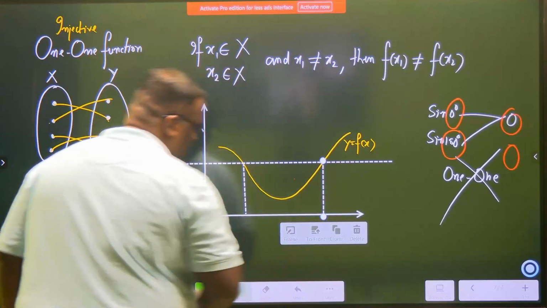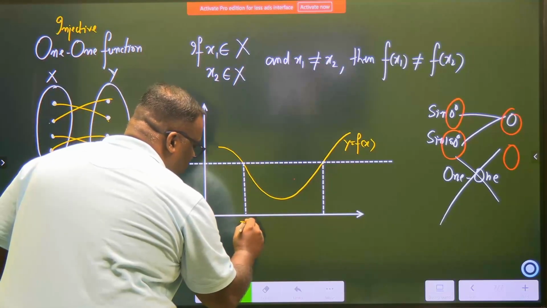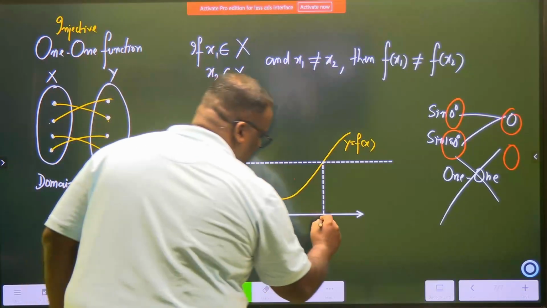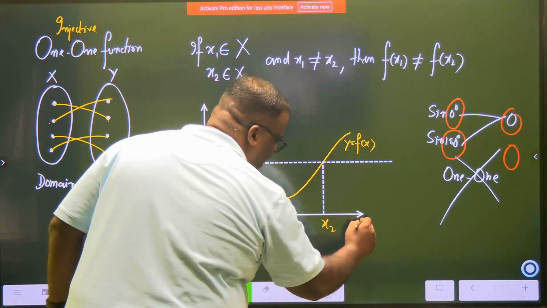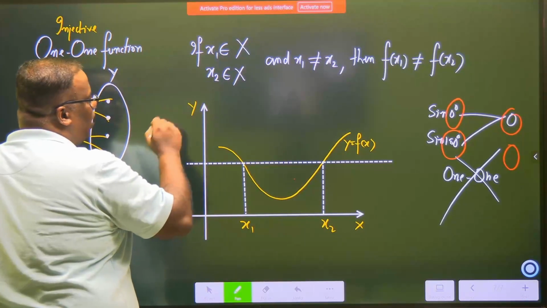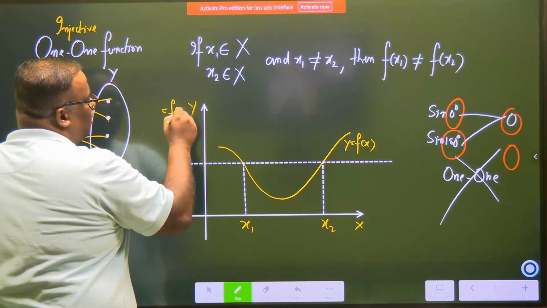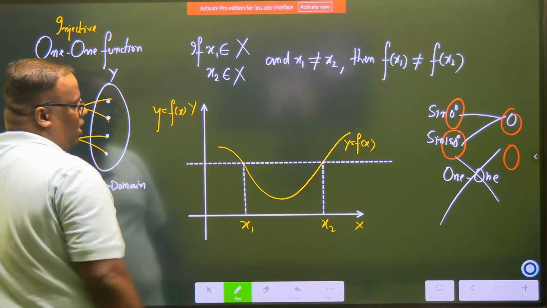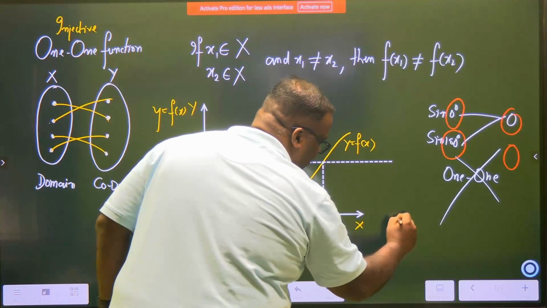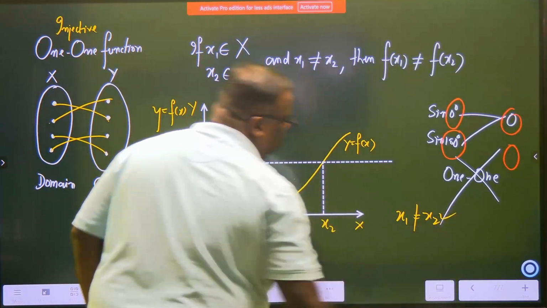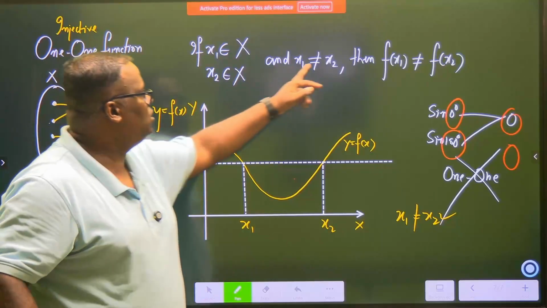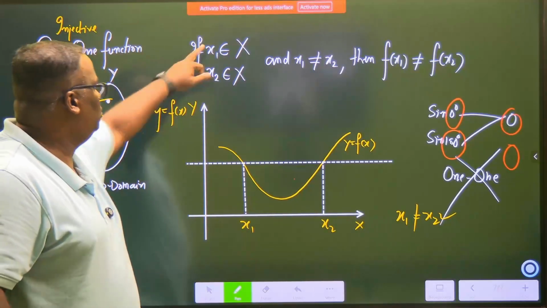Okay, now see the beauty. I have a value x1 and I have a value x2 in my input, and this is my output y, also known as f(x), y equal to f(x) this side. Tell me from the graph, is x1 equal to x2? No, x1 is not equal to x2. Do they belong to X?